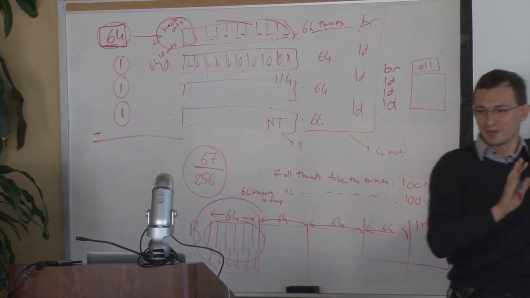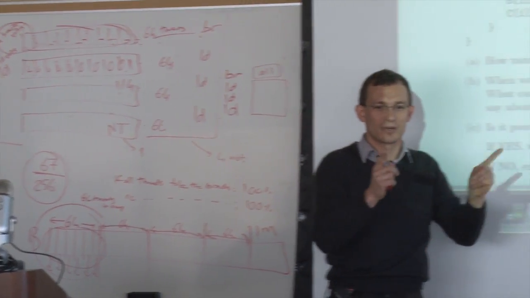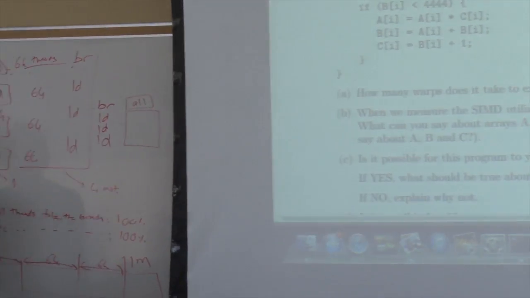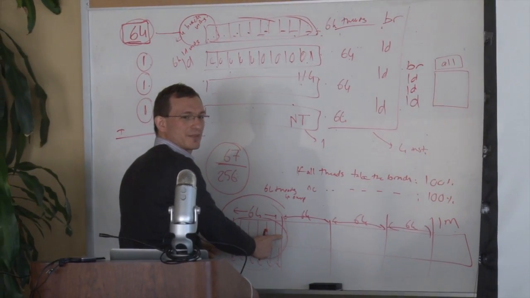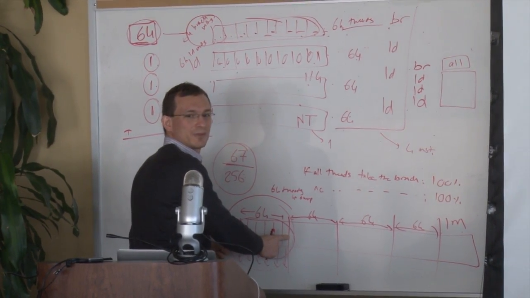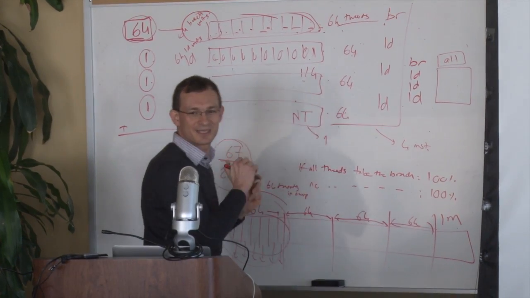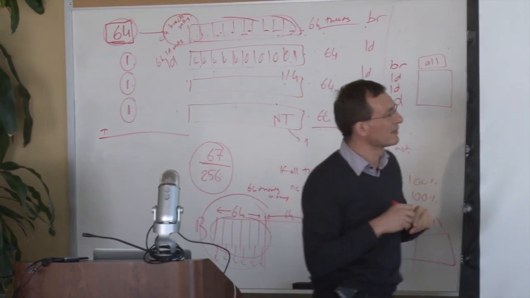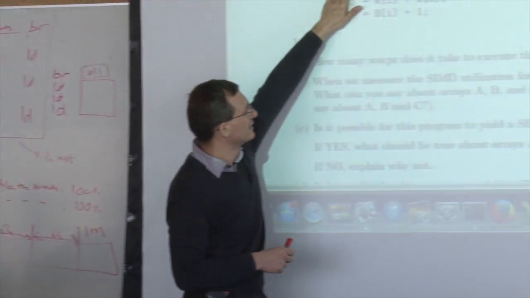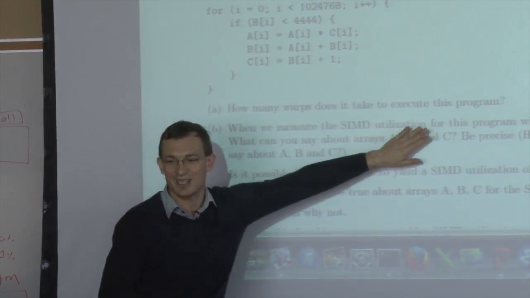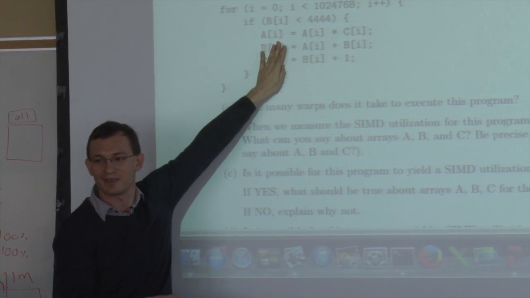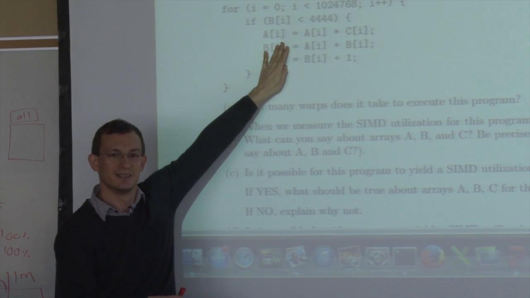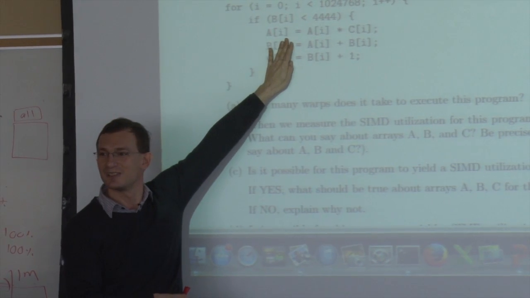We don't know which value; we cannot say anything about that. But one of the values within the chunk of 64 consecutive elements of the array should be less than 4444. That's what you need to write there. That's what you can say about array B. And you can say nothing about arrays A and C, because this SIMD utilization doesn't tell you anything about them. Does that make sense?